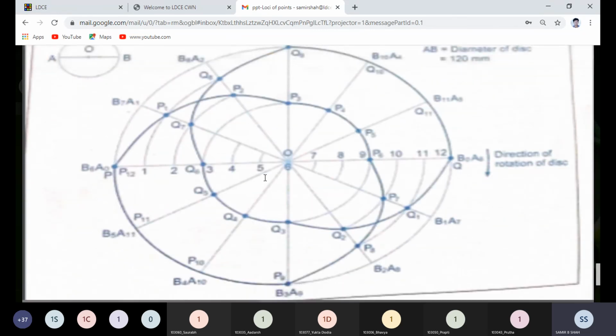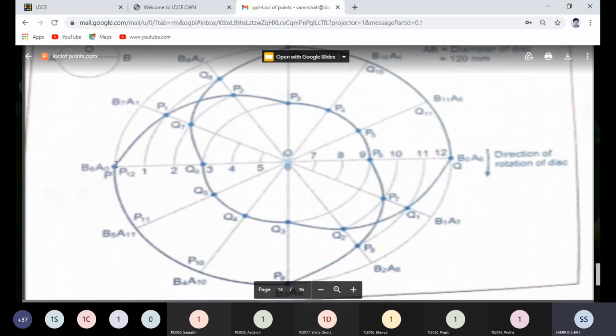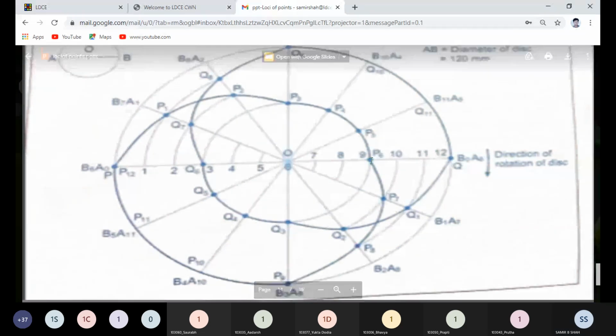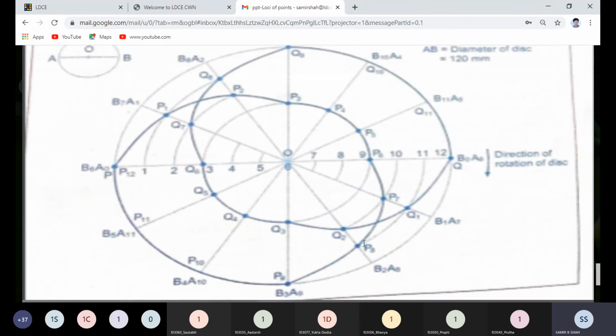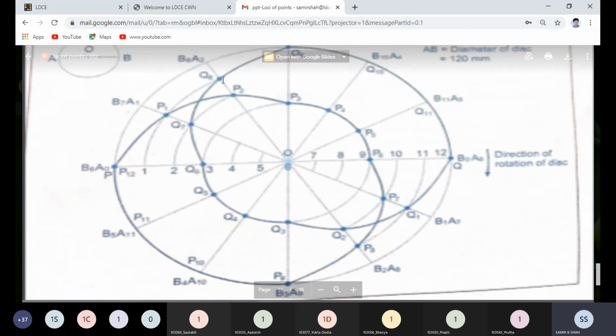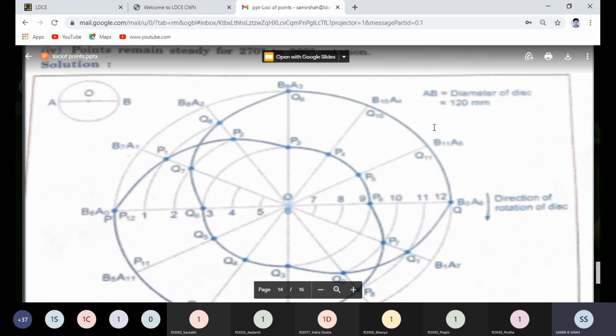Initially just point this, then draw the circle, then get this point. Same way, get this point, draw the circle, get this point, and this may be the end.